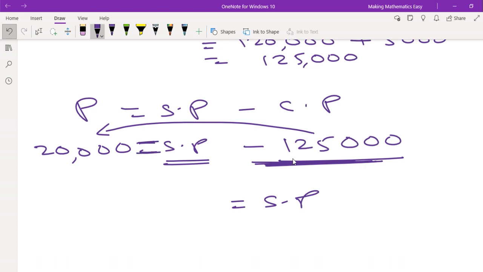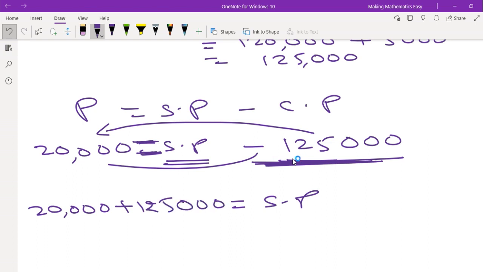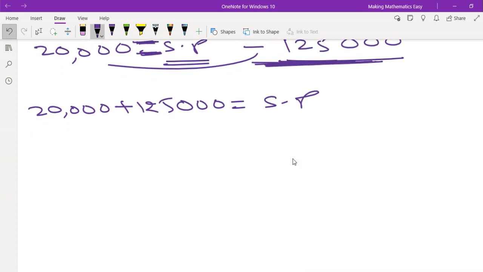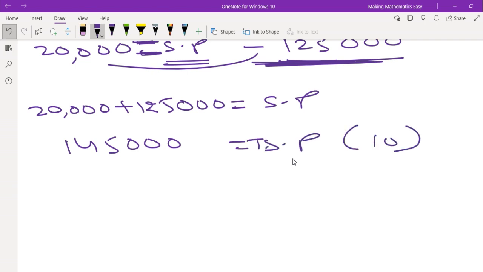But remember one thing, if you are sending any number to the opposite side of the equal sign, the sign of that number will change. So this minus will become positive over here. So this 20,000 and this will become plus 1,25,000. 20,000 plus 1,25,000 is 1,45,000, which is your total selling price of 10 refrigerators.